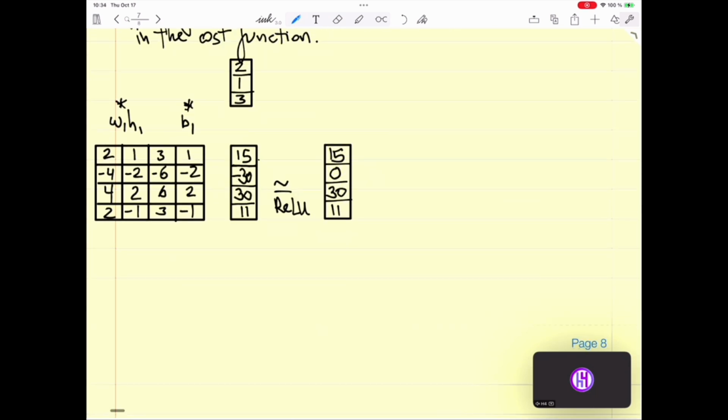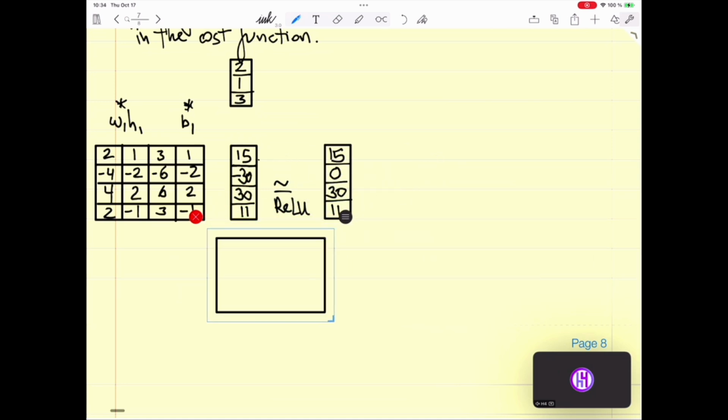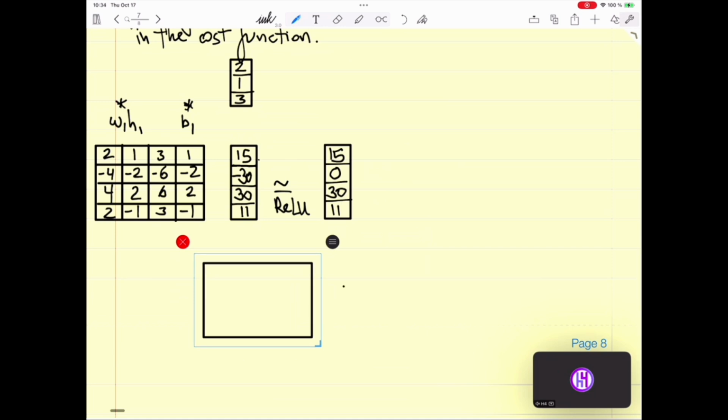The next question I'm going to ask you is, what do we put next? Because it's not very clear. What do you put in here?